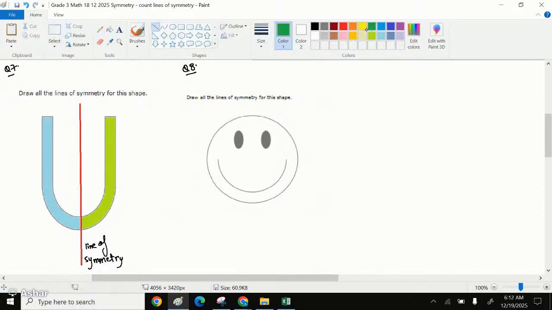So if we draw a line that is cutting the shape from the center, the shape on the left side, I'll use a lighter color, was equal to the shape on the right side. Okay, so we can say that this shape has a line of symmetry. Agreed? This emoji has a line of symmetry, and we can label the line of symmetry.